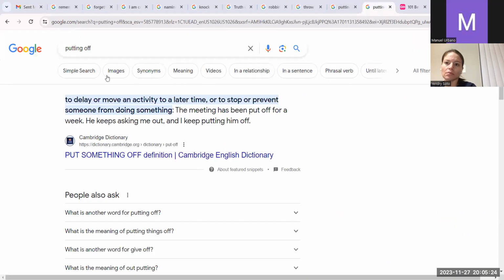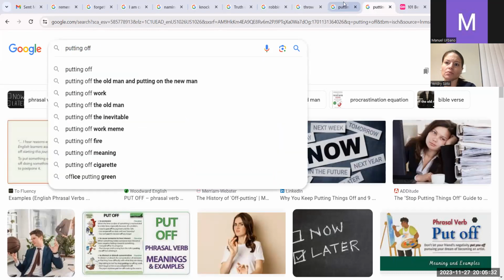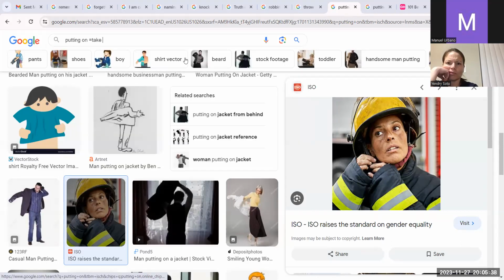Okay, so we have the putting on and now we have the put off. What is the difference? The difference is that putting on is this, but when you take off is what goes together with it. Estos son los que van juntos.